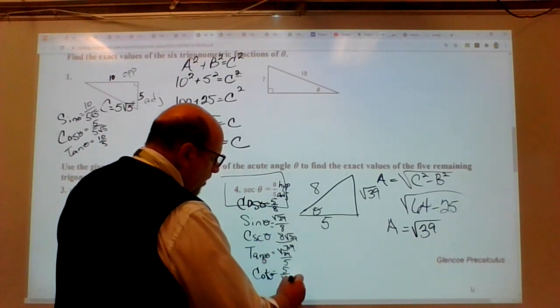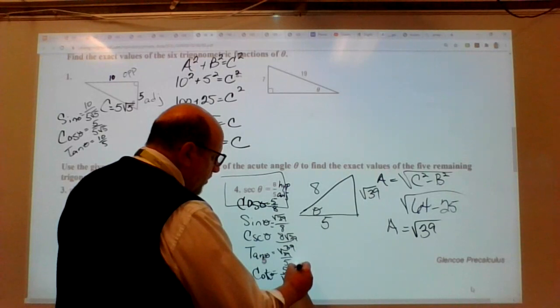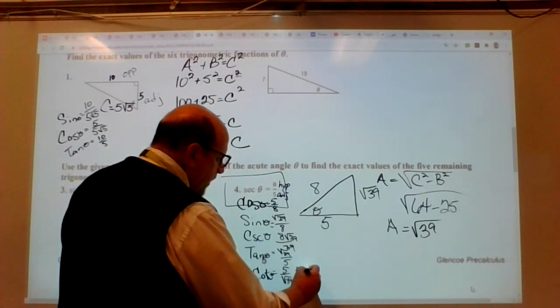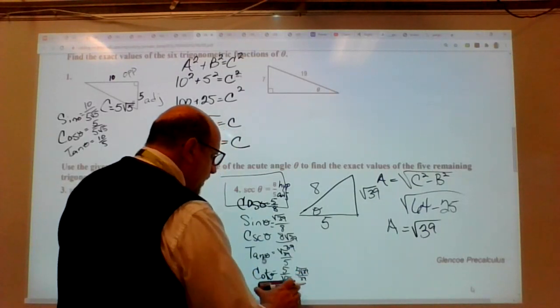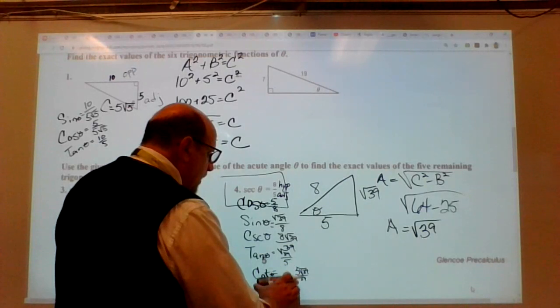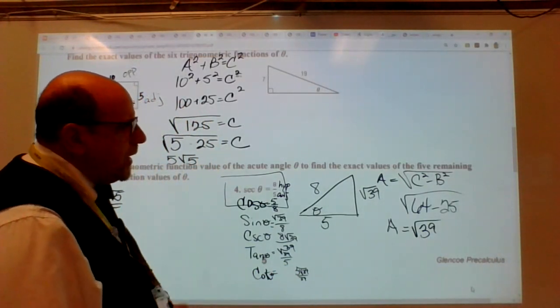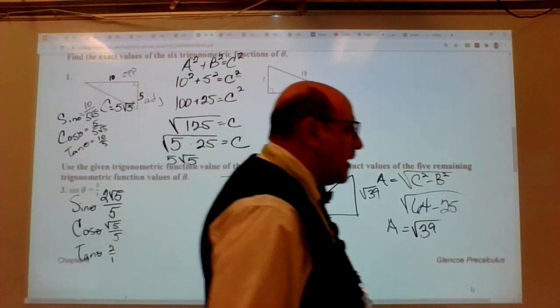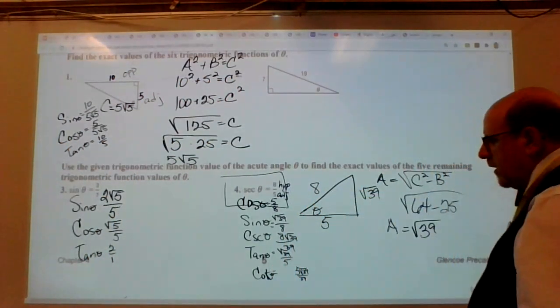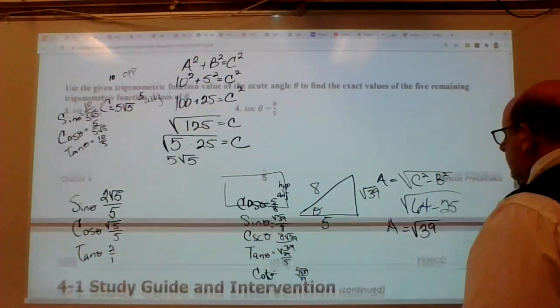Oh, yucky. Which simplifies to 5 root 39 over 39. Yucky, yucky, yucky. There it is. Those are they. We can move on to the second side now. Not a very pretty sight sometimes, right?